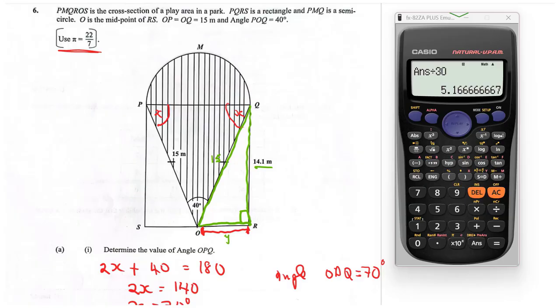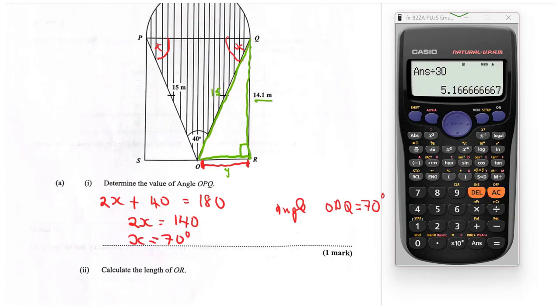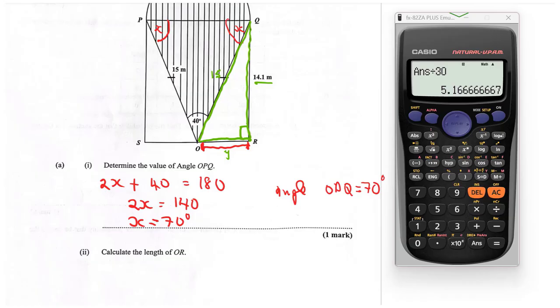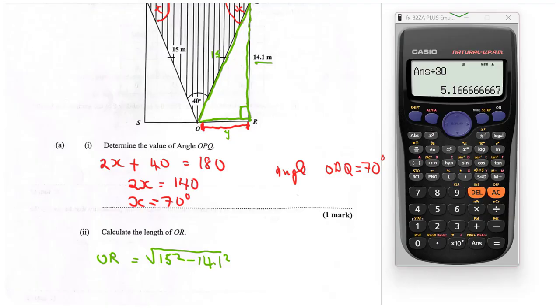So let's call it y. So therefore, in order to find OR, we're going to say OR is equal to the square root of 15 squared minus 14.1 squared. Remember, we're finding a short side of the right angle triangle.